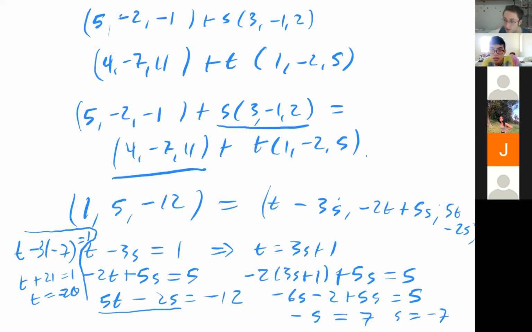Aren't I subtracting s? So isn't it s minus 3 minus 1, 2? Where do you see that?